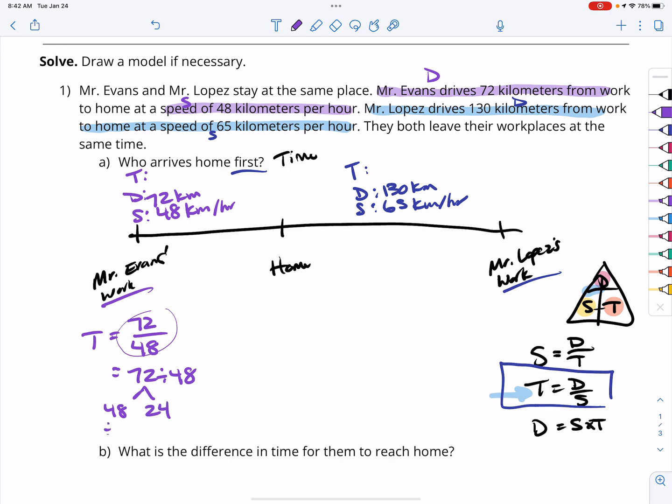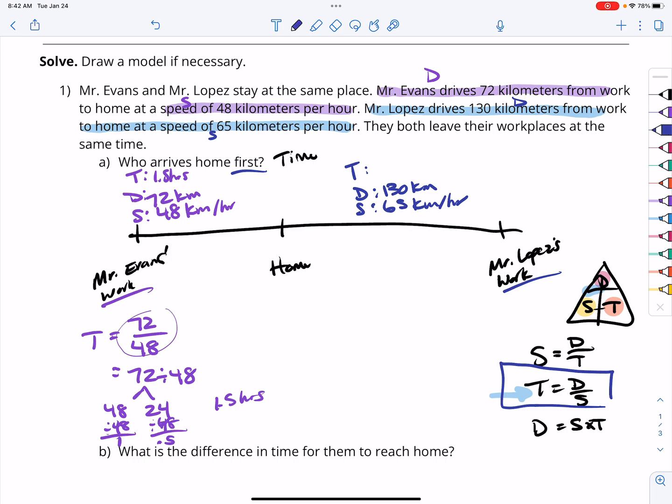So this is 1, and then 24 is half of 48. So it looks like Mr. Evans's commute is 1.5 hours. That is quite the commute every single day.